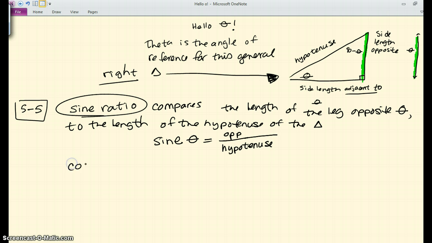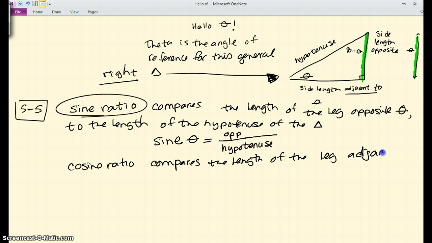The cosine ratio compares the length of the leg adjacent to theta. In other words, it's one of the rays that creates that angle.